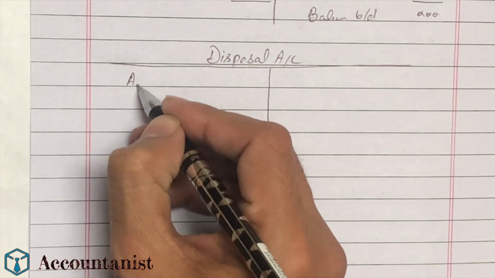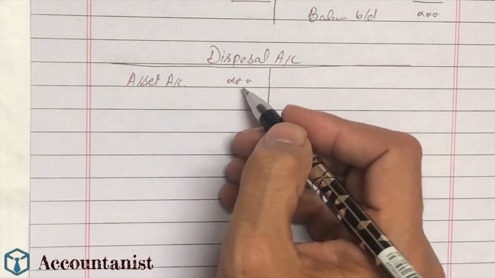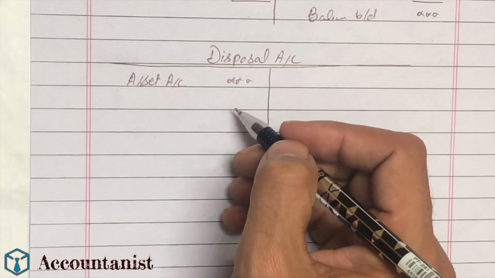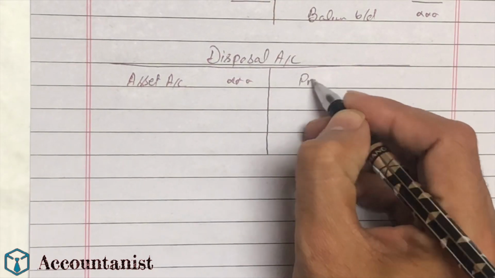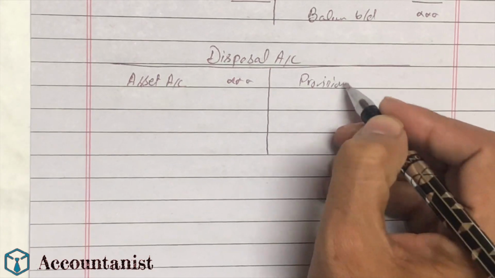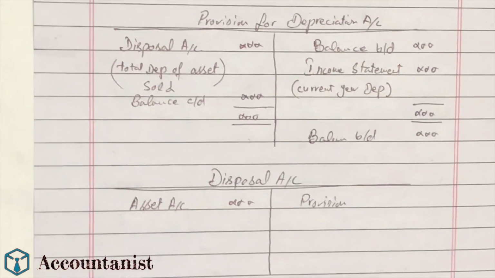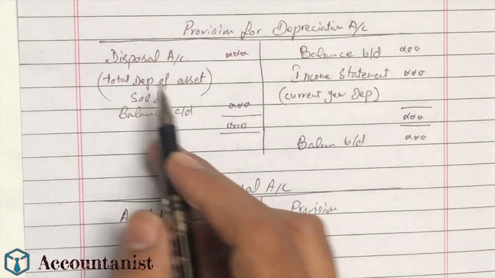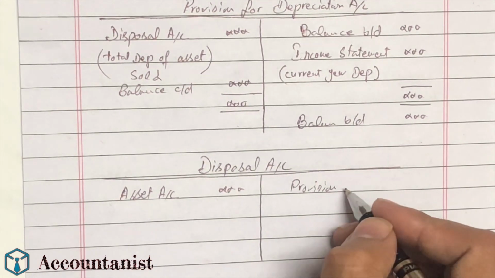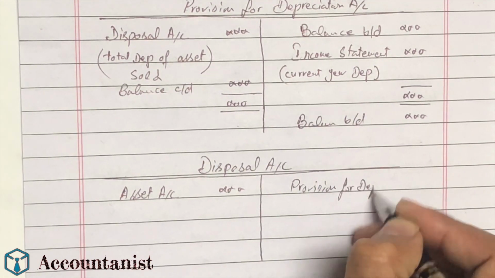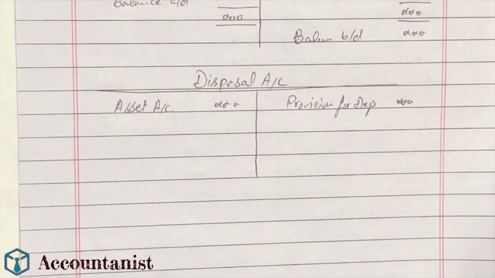We'll write down the asset account and the amount, obviously the cost value of the asset, and then we'll have the provision for depreciation that was here on the debit side. If I show you right here, that's the disposal account, so it will come up here on the credit side, provision for depreciation, and then here comes the bank entry.